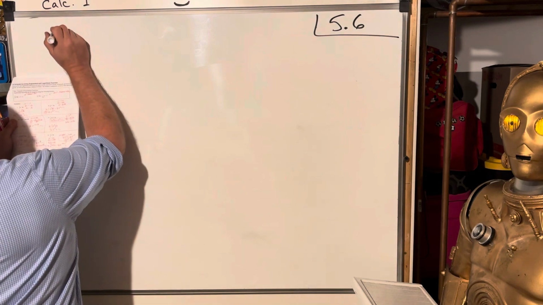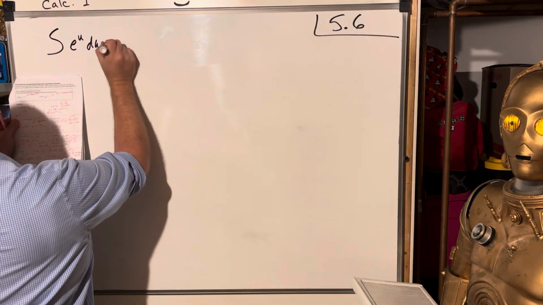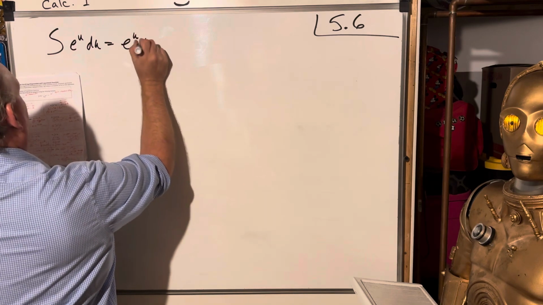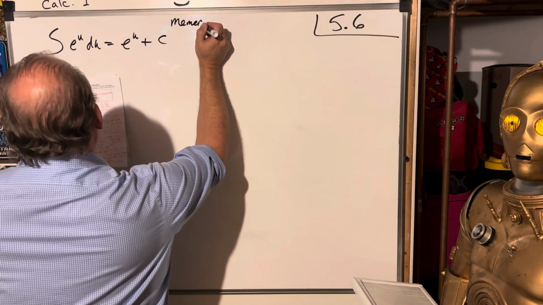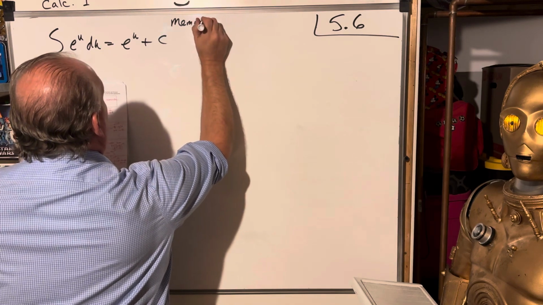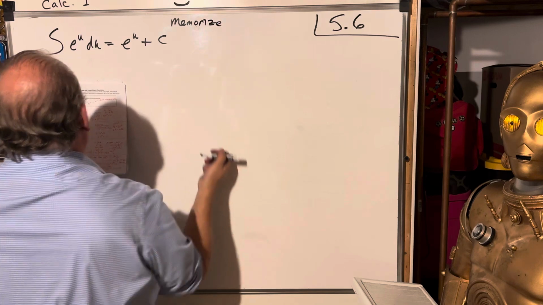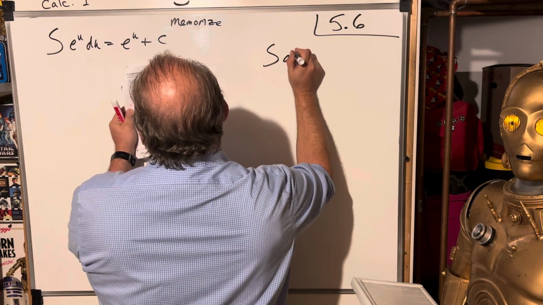So you should definitely have the integral of e to the u du equal to e to the u plus c memorized. Memorize that. This one, don't memorize. You don't have to worry about this.